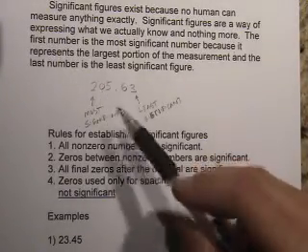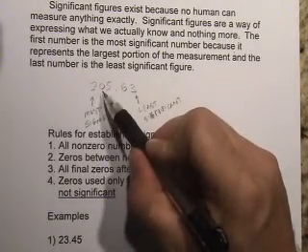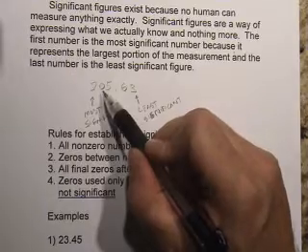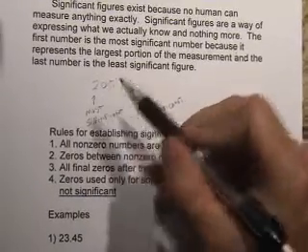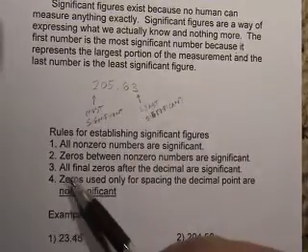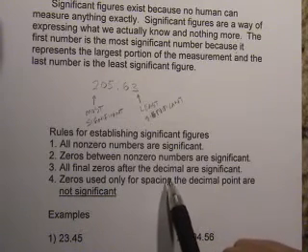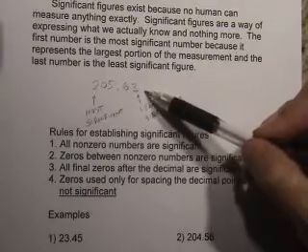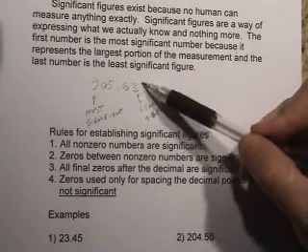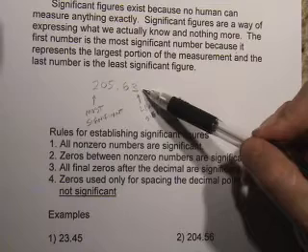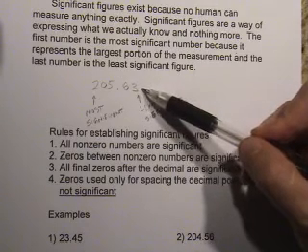That counts. I put a 0 there, not because I don't know what the number is, but because I do know what the number is, and the number is 0. The third rule, all final zeros after the decimal place are significant. So if I had a 0 at the end after here, that would be considered a significant figure because, again, I'm not putting a 0 there because I don't know what the number is.